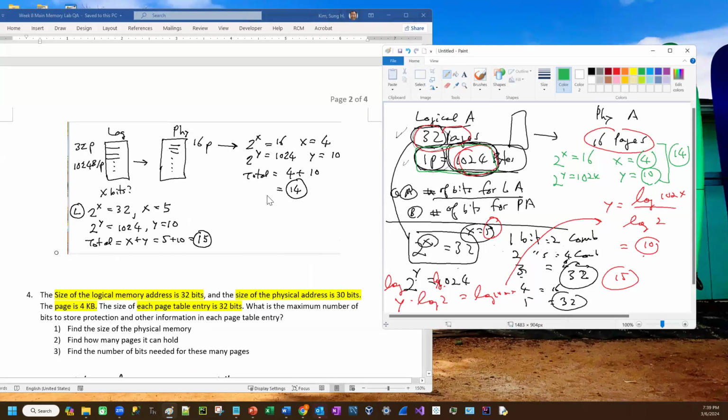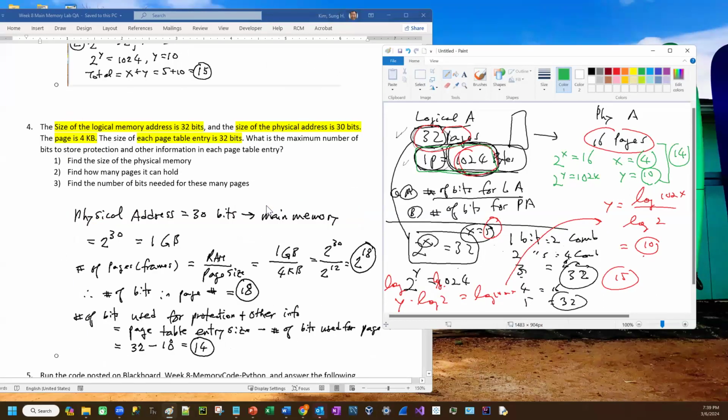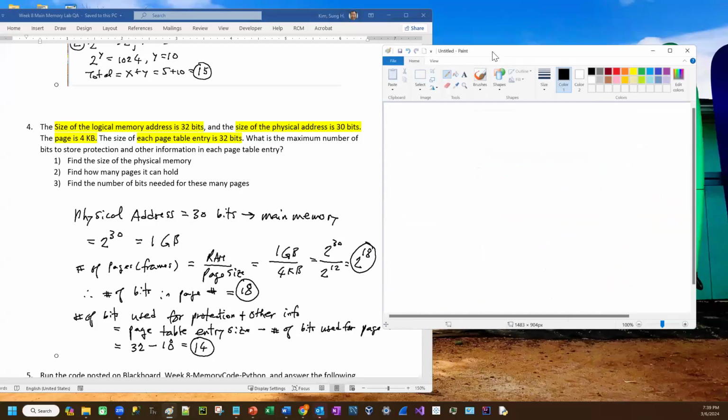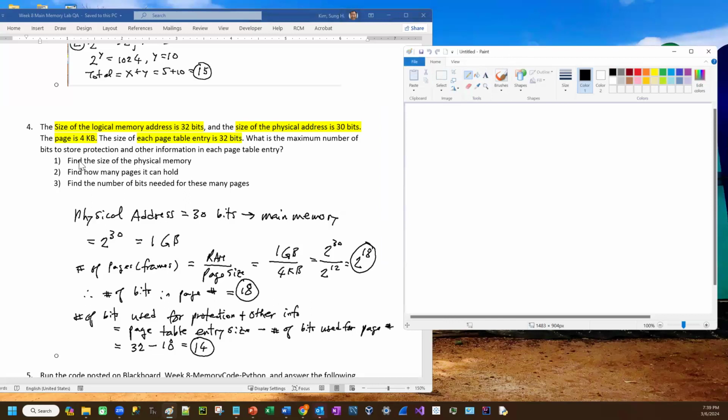All right. Here's one more. So let me start a new one. Here, it says the size of logical memory is 32 bits.